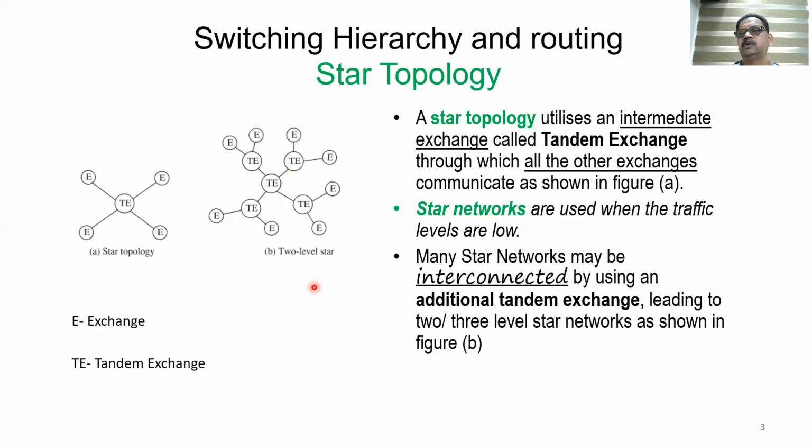So 2 or 3 or even more tandem exchanges are involved when more and more exchanges are interconnected. They need not be connected with a simple one tandem. So there may be more tandem exchanges from source to destination connection. That is the meaning of it.